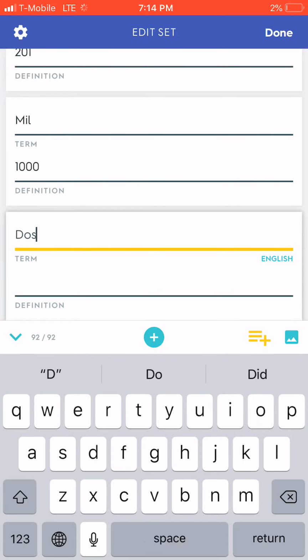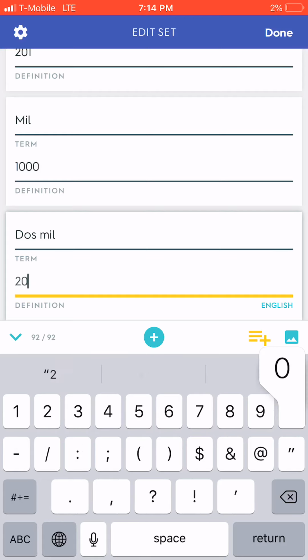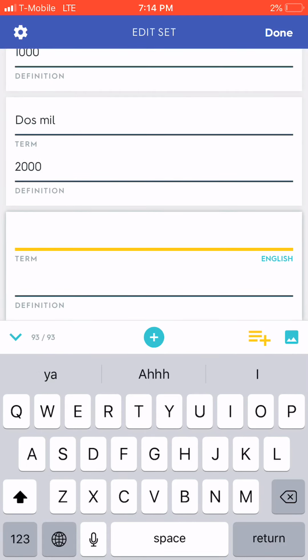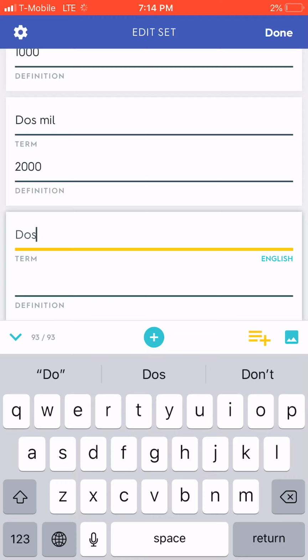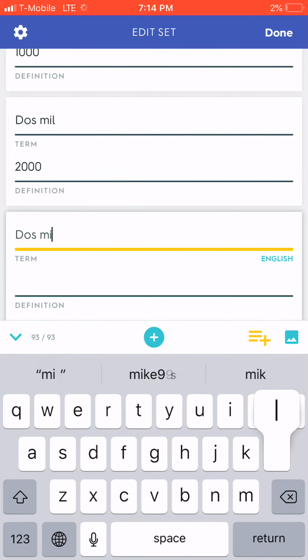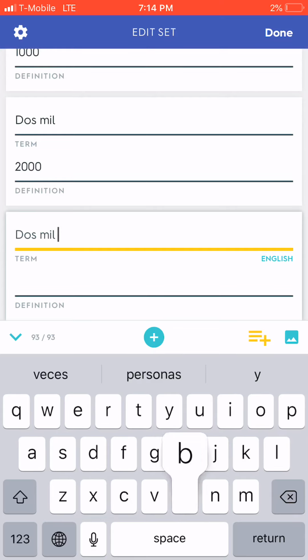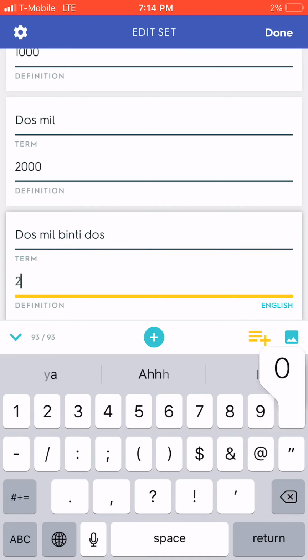And dos mil is 2,000, 2001, so dos mil veintidós is 2022, just to give people an example of this.